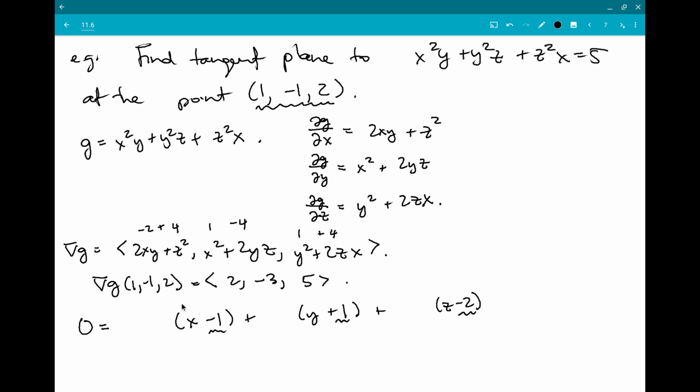And then the slopes on my plane come from my gradient vector. I'm just going to try to mark these really carefully so that we know where everything came from. And so that's the tangent plane.